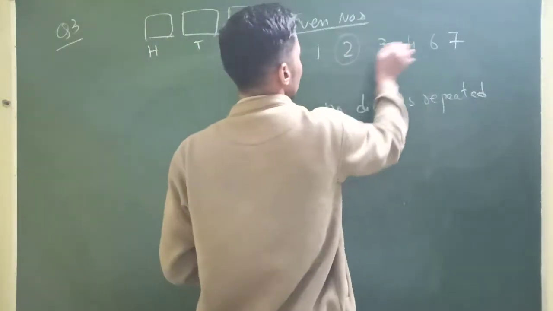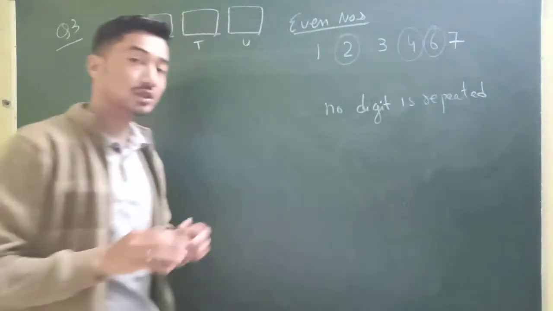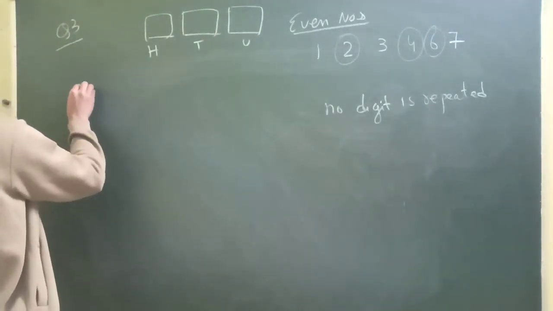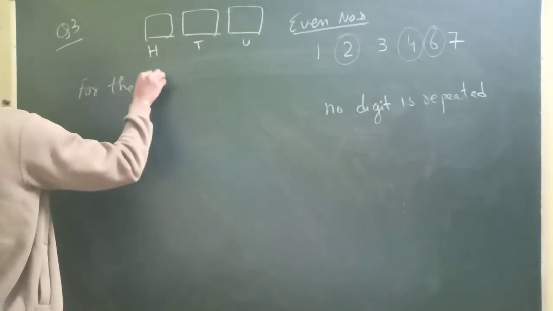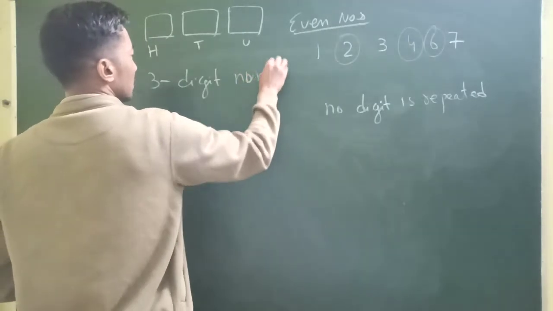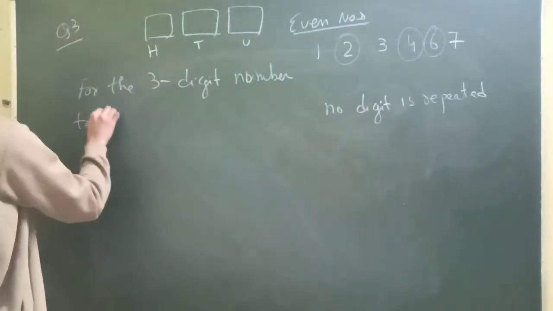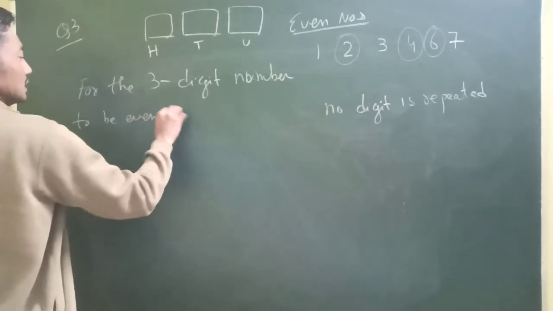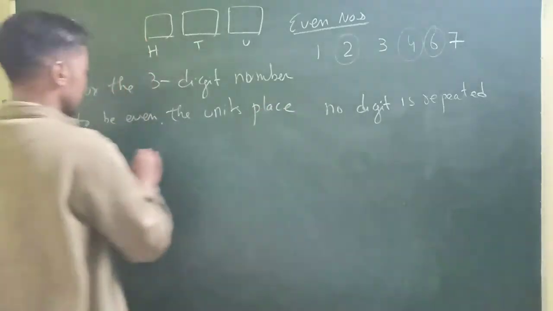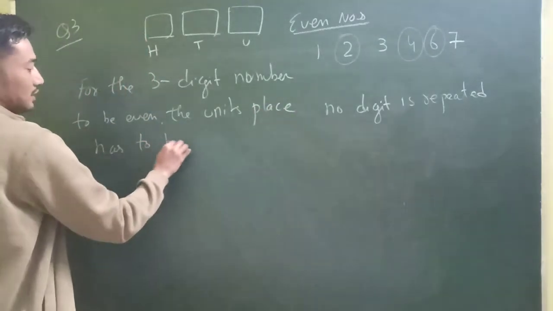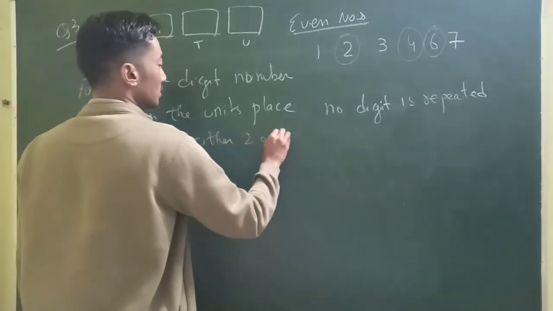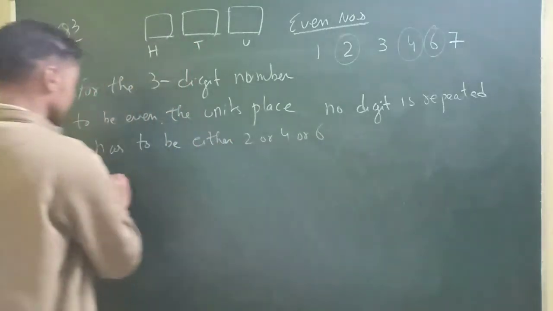So how many options do we have with us? We have here 3 options. It can be any one of the 3. So let's say for the 3-digit number to be even, the units place has to be either 2 or 4 or 6.